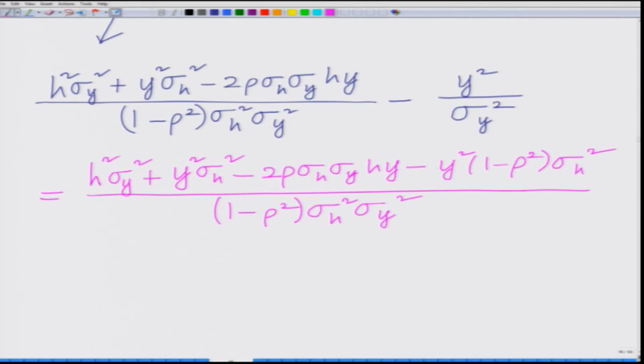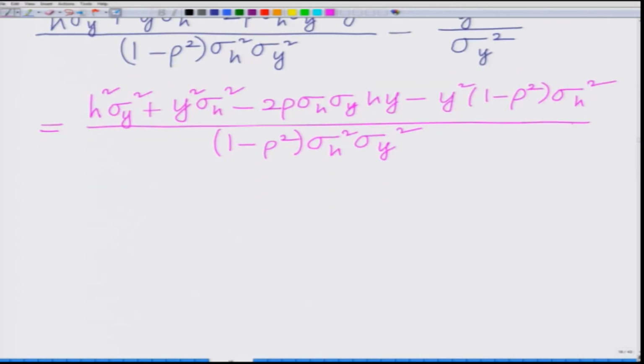Now, observe this quantity, I have y square sigma h square, and if I expand this I will have a minus y square sigma h square coming from these two.